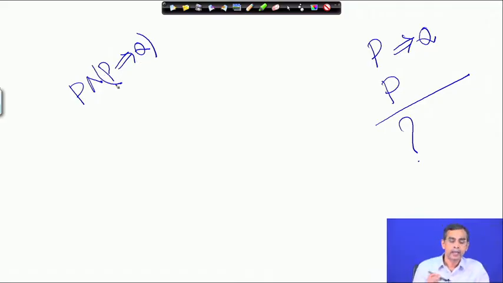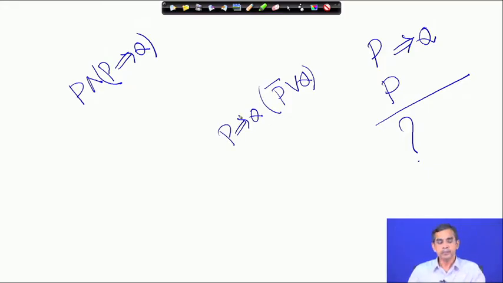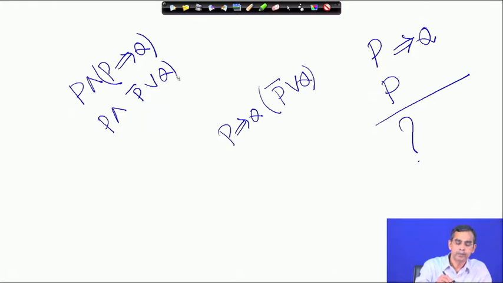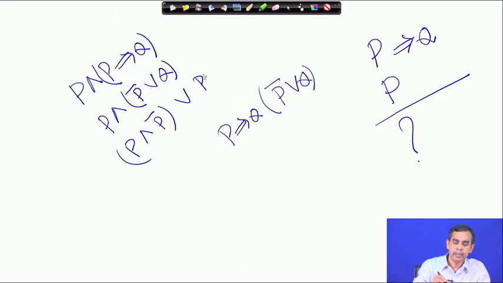Now, we know P implies Q can alternatively be written as not P or Q. So, using this I can write P and (not P or Q), and using the distribution law we can write (P and not P) or (P and Q).